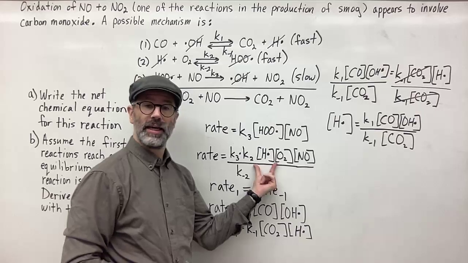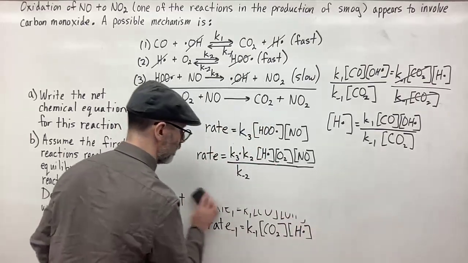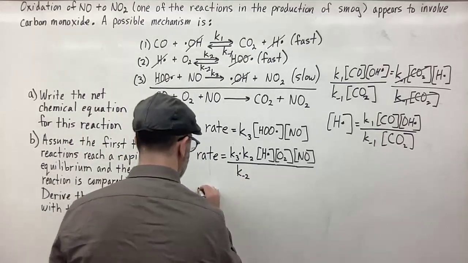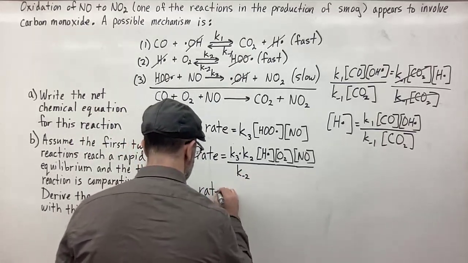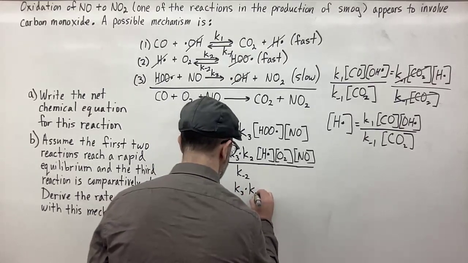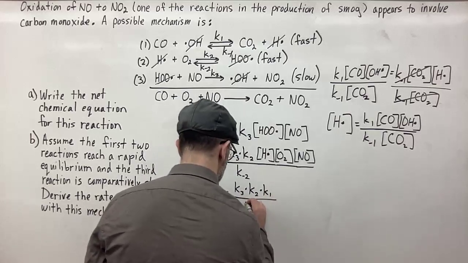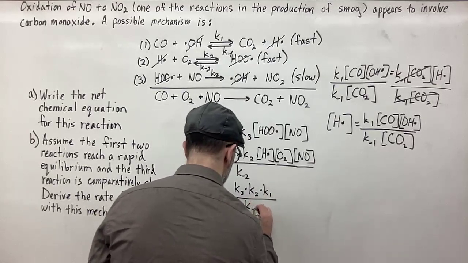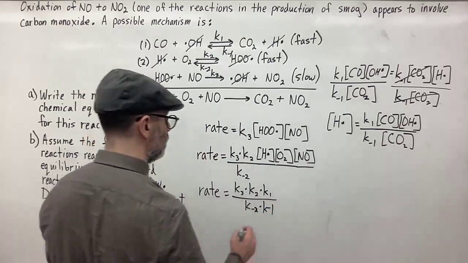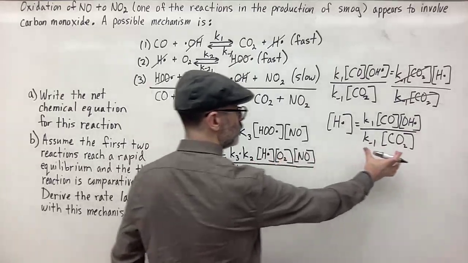Okay, so now that we have this is equal to this, we can take this and substitute that in for the H radical here. So let's go ahead and do that. Let's erase this, we don't need this anymore. So the rate is equal to K3 times K2 times K1 over K minus 2 times K minus 1. And we're going to substitute this in.